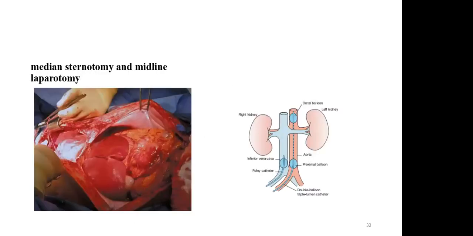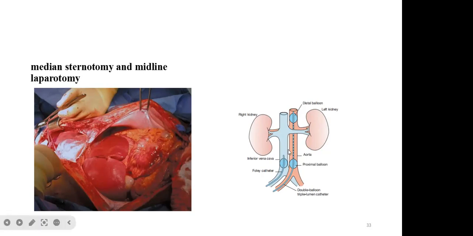So this picture depicts an adequate exposure in a deceased donor. It's a median thoracotomy incision that extends to a midline laparotomy incision, exposing the desired organs.